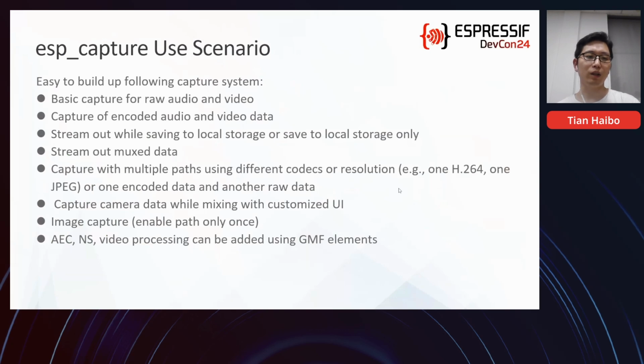Also, we support capturing camera data while mixing with customized UI, typically like adding a timestamp into it. It supports image capture. Also, using the GMF concept, we can easily add other audio processing elements into the pipelines.